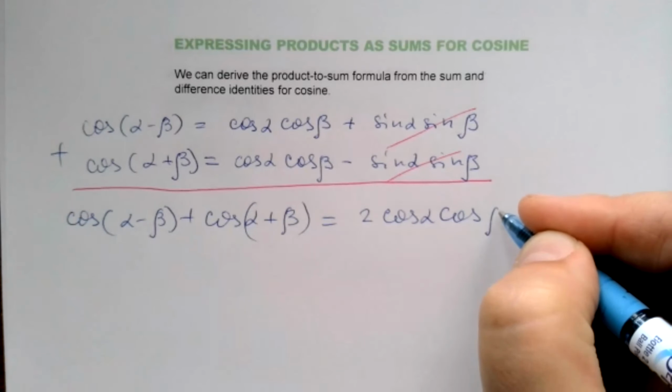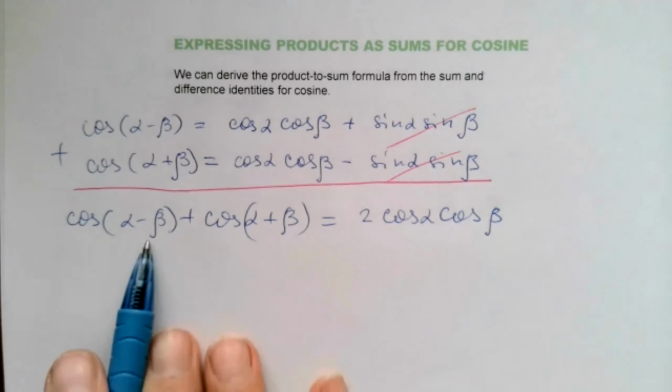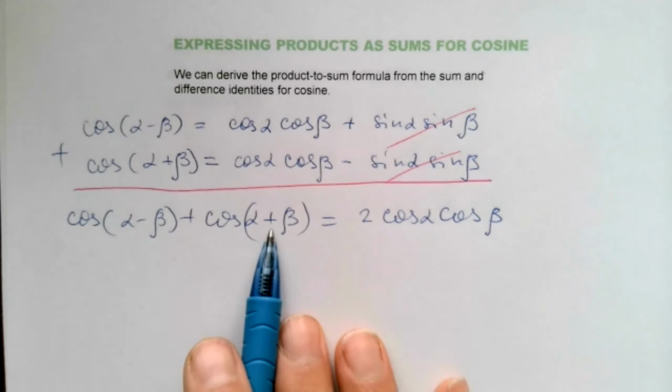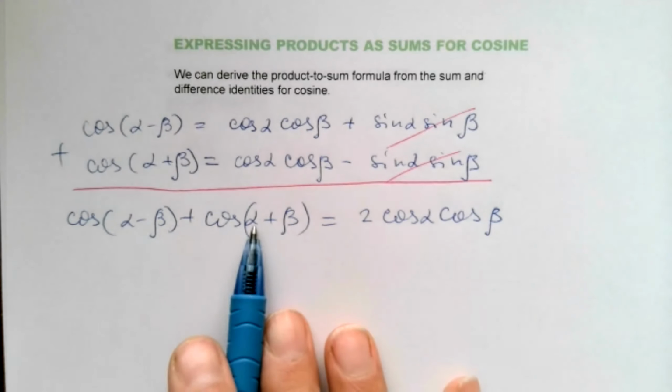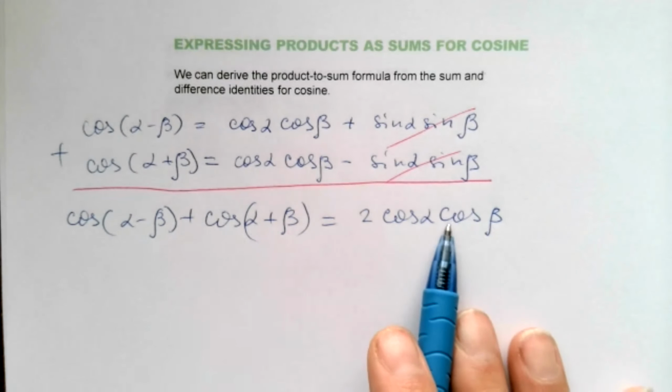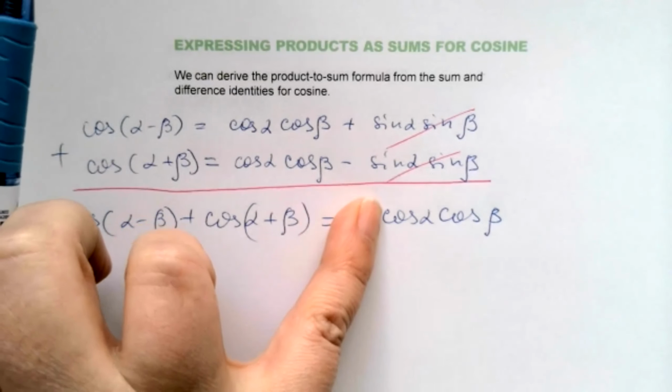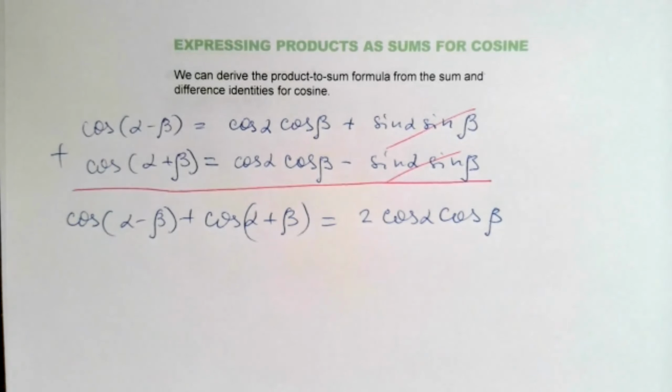Okay, so we do have a cosine of a difference plus the cosine of a sum on the left side, and on the right side we have a product.